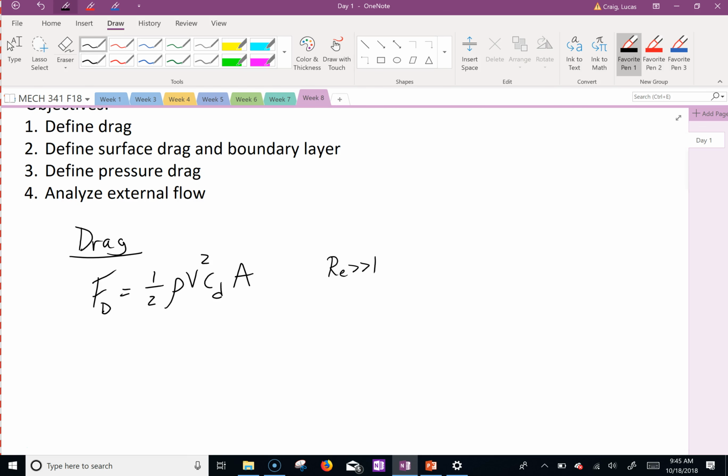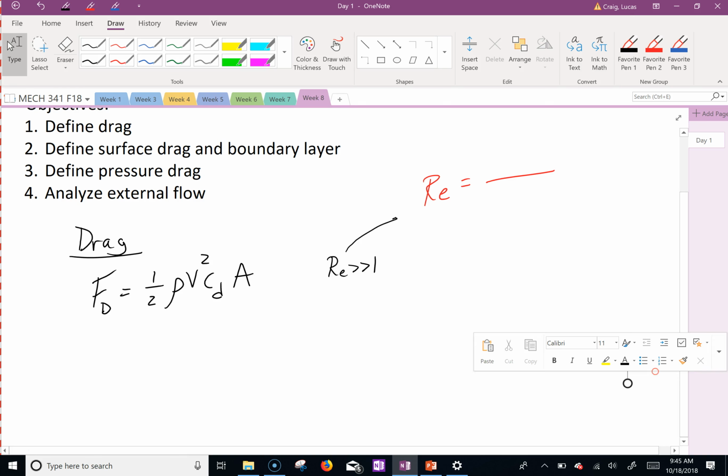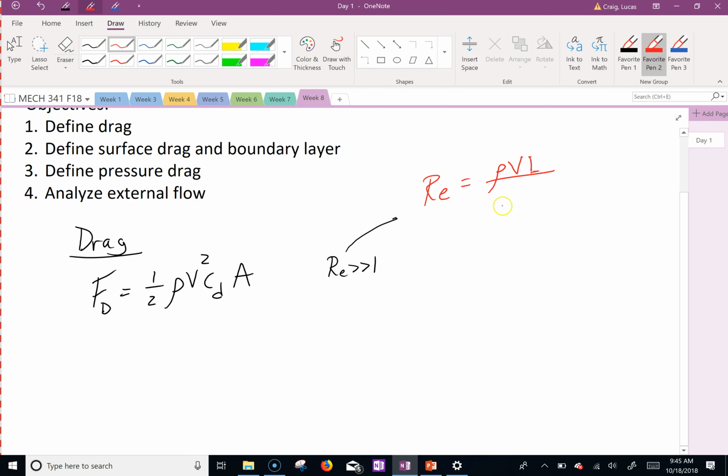Much, much greater. Do you remember, we talked about this before, what the Reynolds number equation was and what two forces it related? It's rho V L, some characteristic length, over mu.